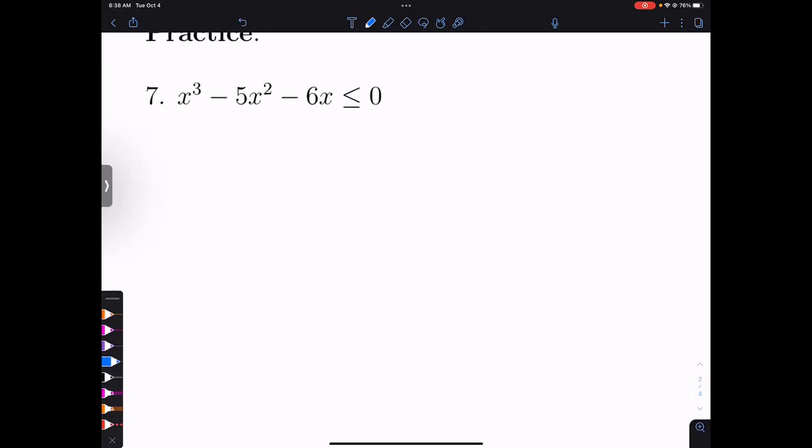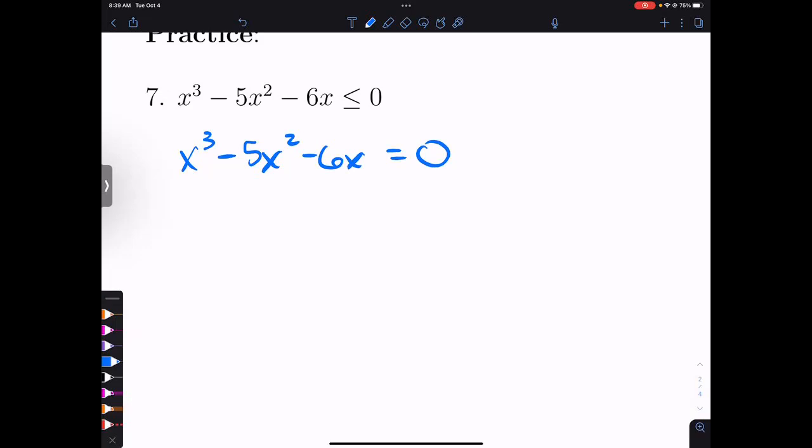So again, I'm not going to solve this as an inequality. I'm going to solve it as an equation first. So how would we solve x cubed minus 5x squared minus 6x equals 0? What can we do there? Take out an x, right?